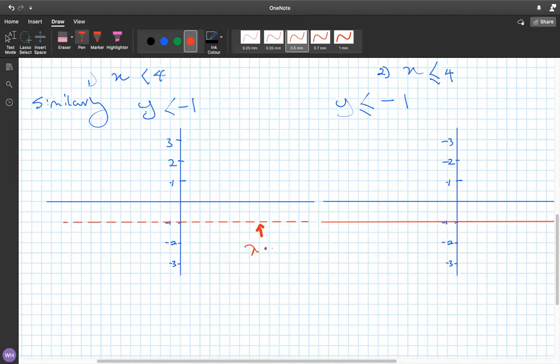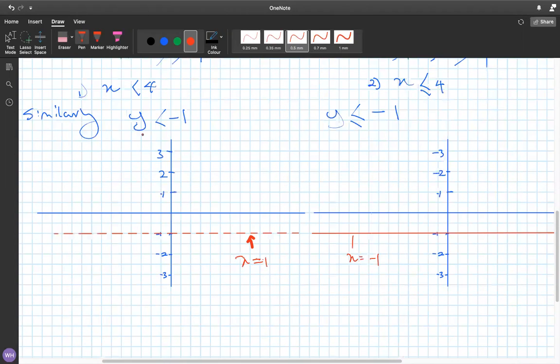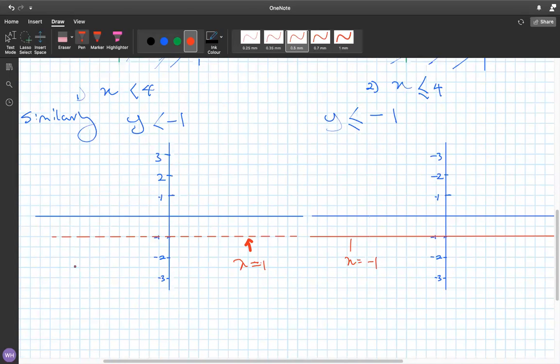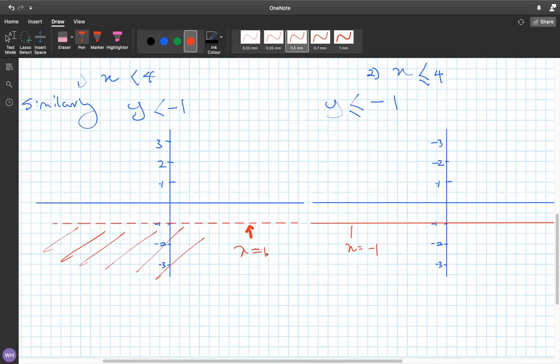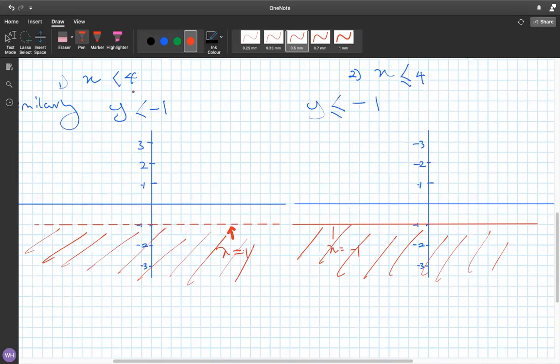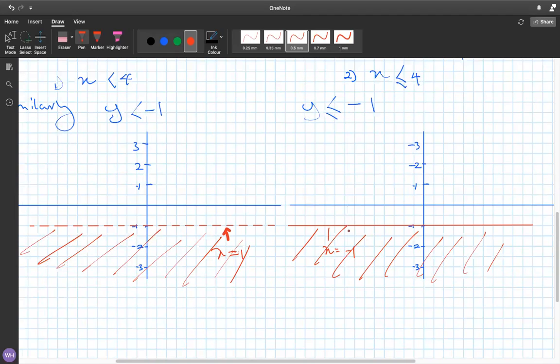So this is x equals -1. Here it is x equals -1. Less than -1, so you have to color this region, the region which is below this line. And here also, below this region. The only difference is here you should have a dotted line since it is not equal, and since it is equal, you have to have a solid line. That is the only difference. Okay, hope you got it.